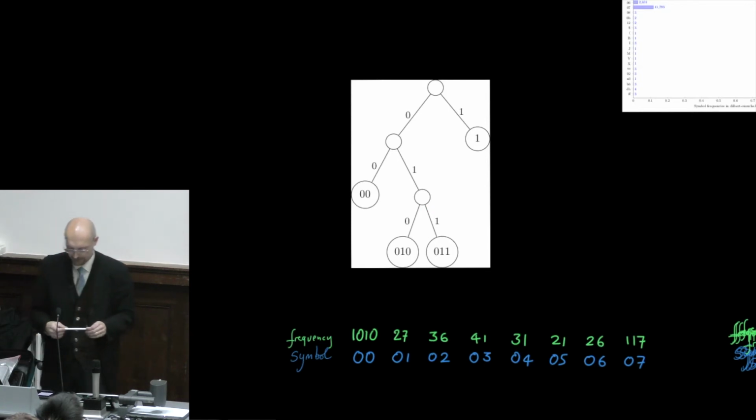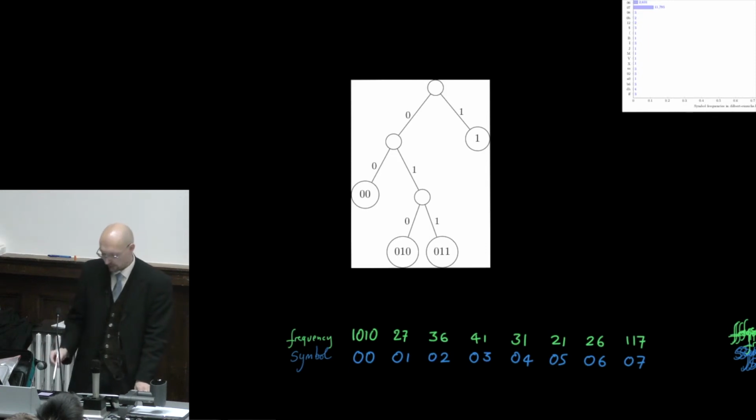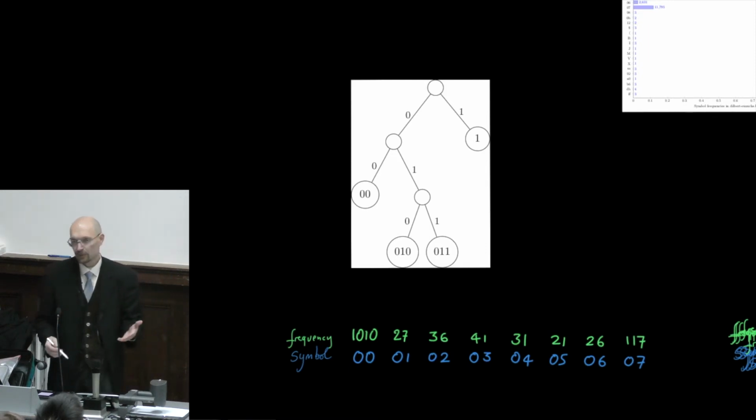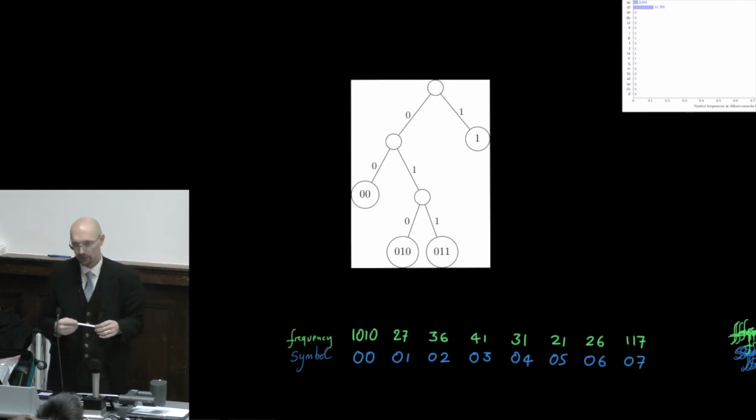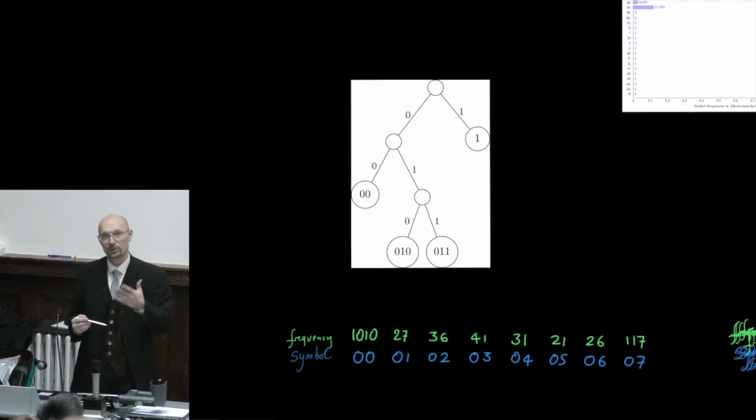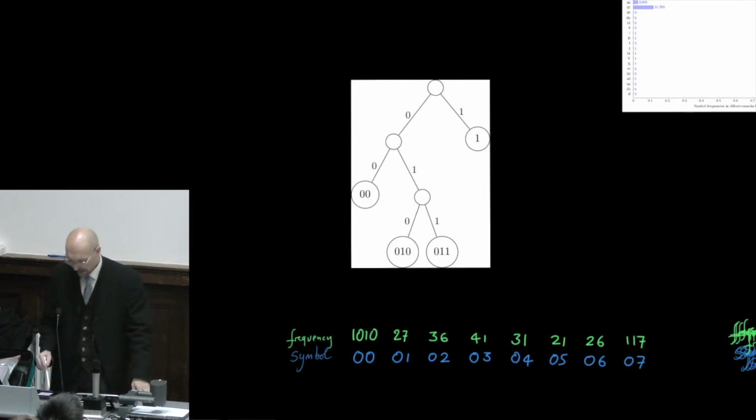And it's fairly obvious from this example that if you build your code in this way, it is impossible for any code word to be a prefix of another code word, because for a code word to be a prefix of another code word, you would have to have a code word somewhere and then continue with something else after it.